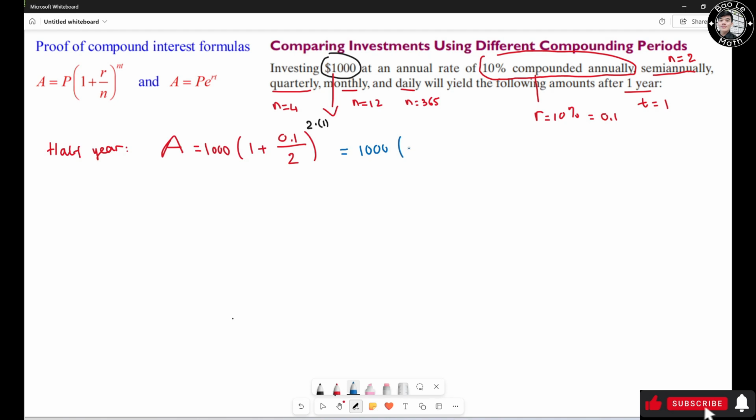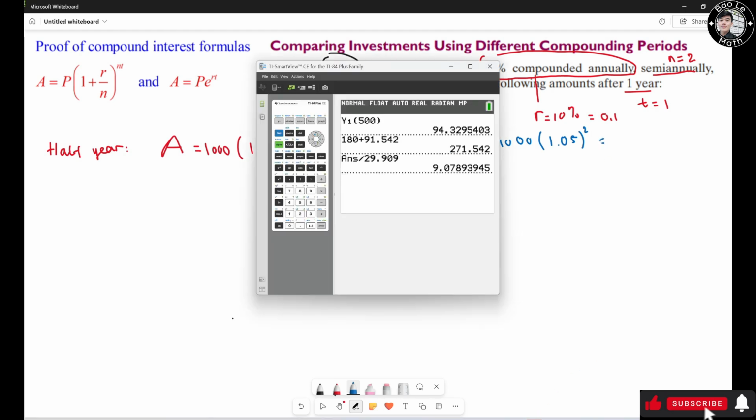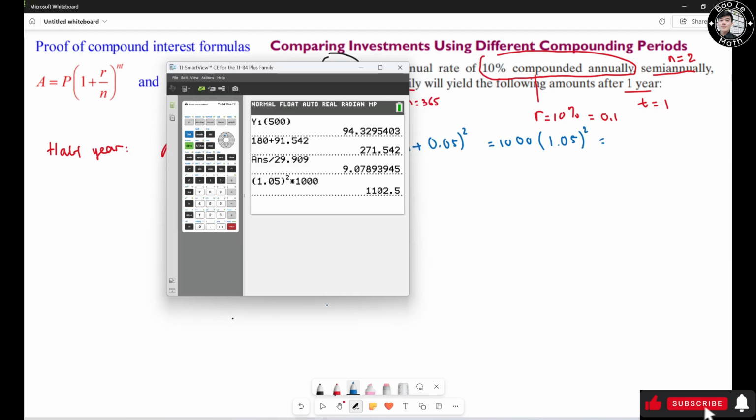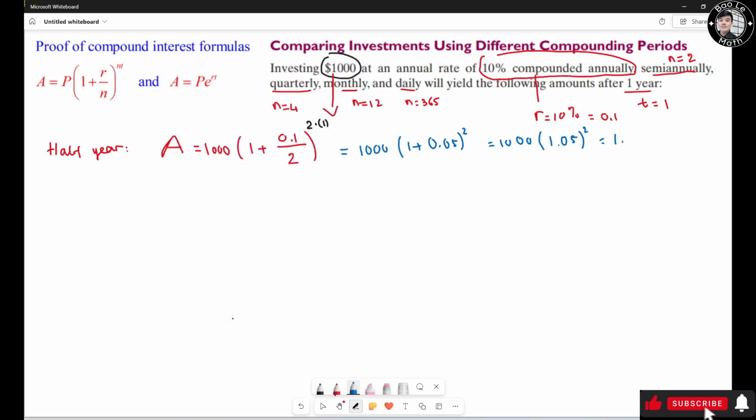So the answer is 1,000 times 1 plus 0.05 to the power of 2, which is 1,000 times 1.05 to the power of 2. We bring up the calculator. The answer is 1,102.5 dollars.